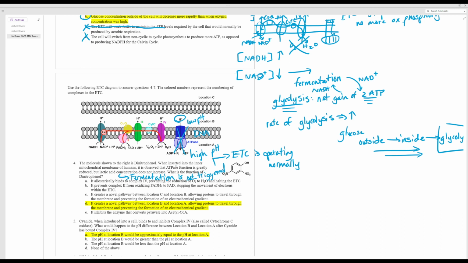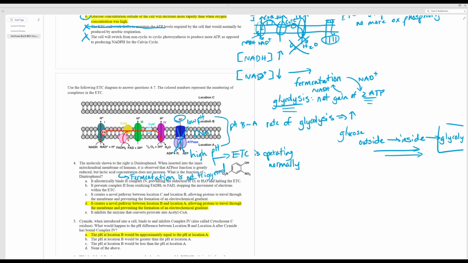And so if ATPase function is greatly decreased or not happening at all, what we're saying is we do not have a very spontaneous flow of H plus. Well, how could we get that? That would be if these pHs are roughly equal. So if the pH of B is approximately equal to A, that's saying that their H plus concentrations are about equal, meaning that neither side is really favored, right?